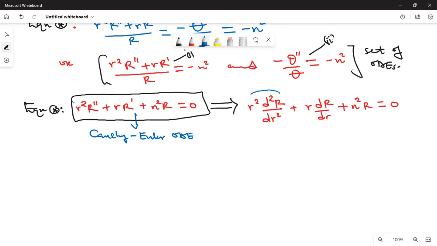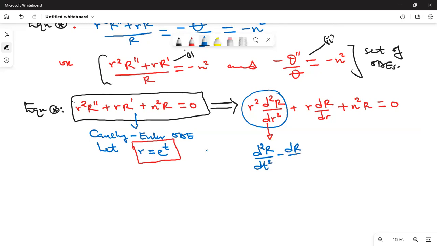So how will we transform this derivative? Of course, you start by saying let r be equal to exponential t. That's the substitution. We need to transform it to an equation with constant coefficients. So how will this derivative transform? This will give us d squared r dt squared minus dr dt. That's the second derivative.